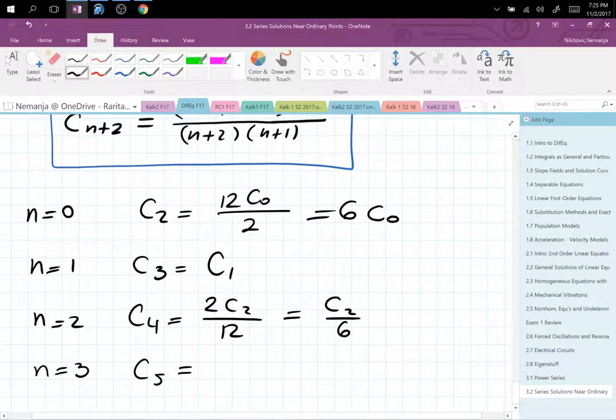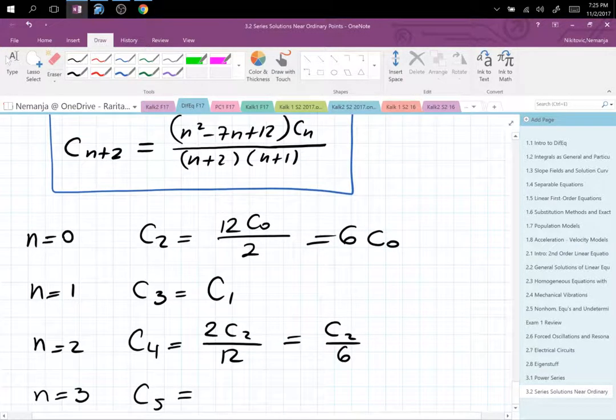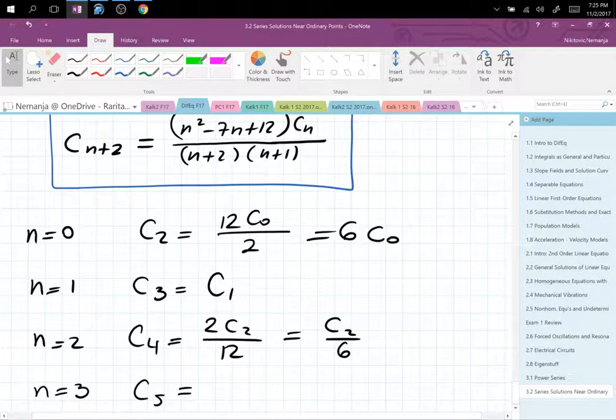C5: 9 minus 21 plus 12 is 0. 6C0 over 6 is C0.